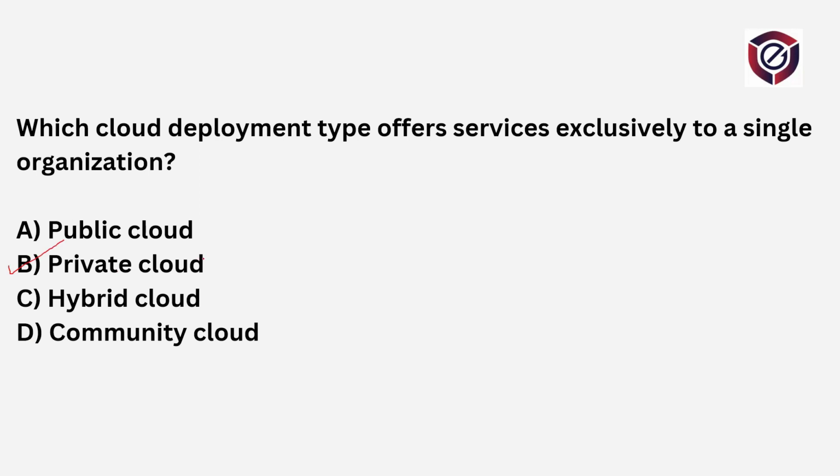The public cloud is for contents which can be accessed by the public, whereas hybrid is a combination of public as well as private, and community is used for a specific community of organizations, whereas a single organization or company that wants its own cloud service will use the private cloud.